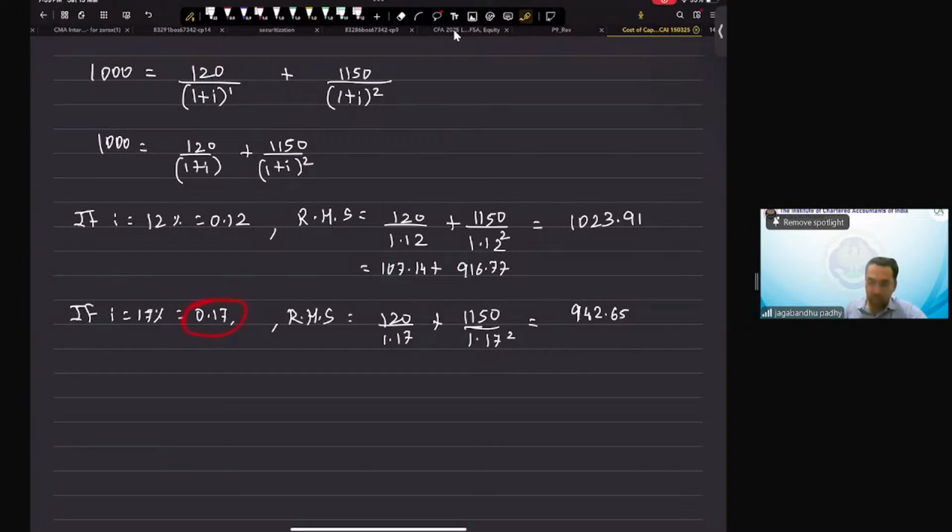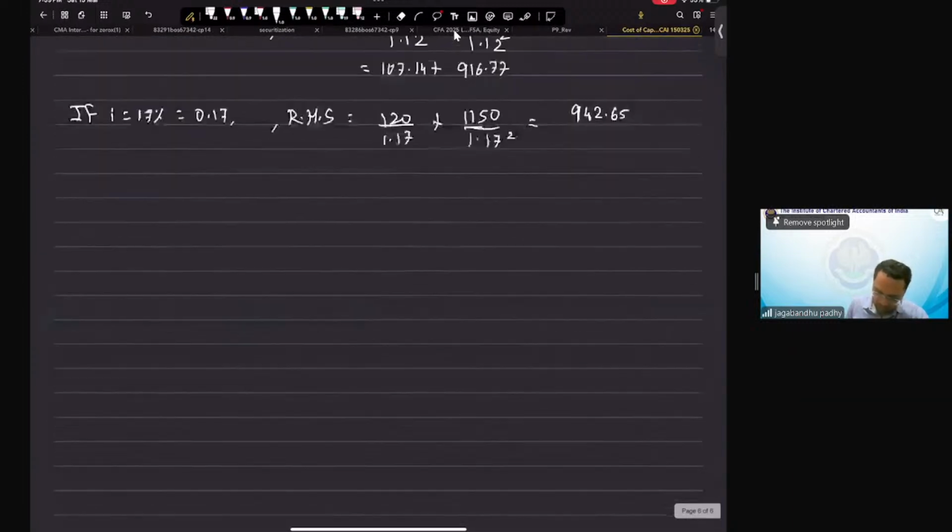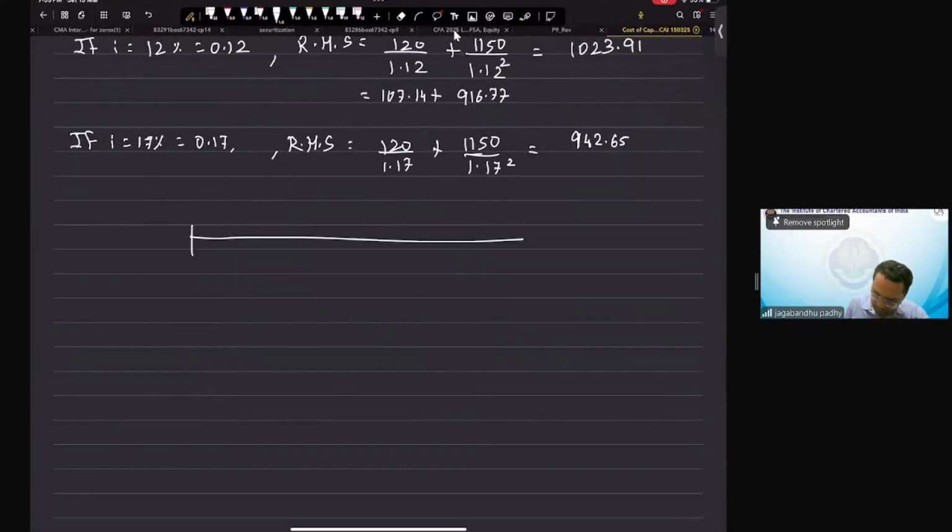Okay. Now, what can you say about the answer? Is our cost of debt 17% or something else? Of course, something else, because we wanted this to be equal to 1000. Can I say we are in a situation like this?